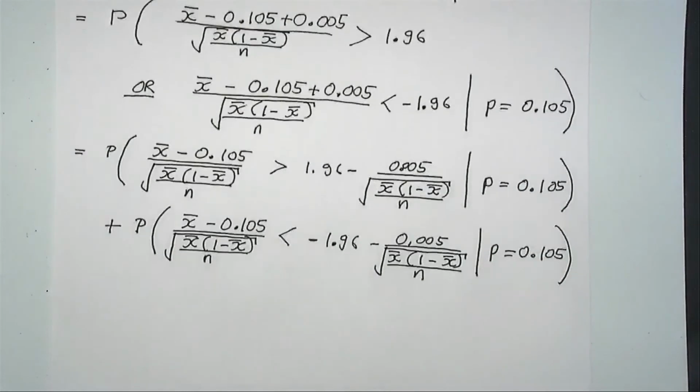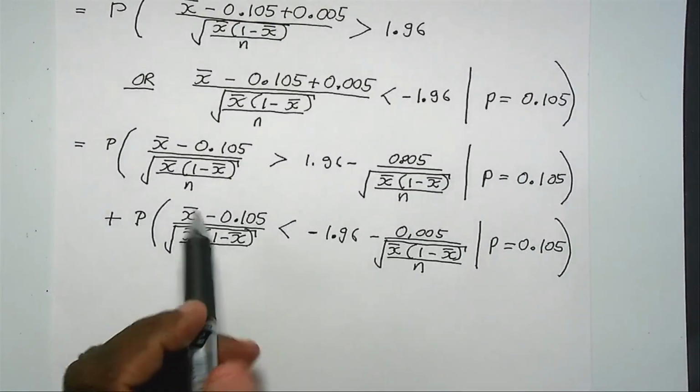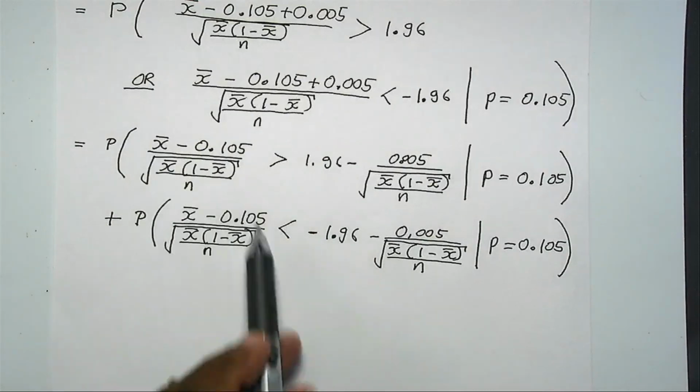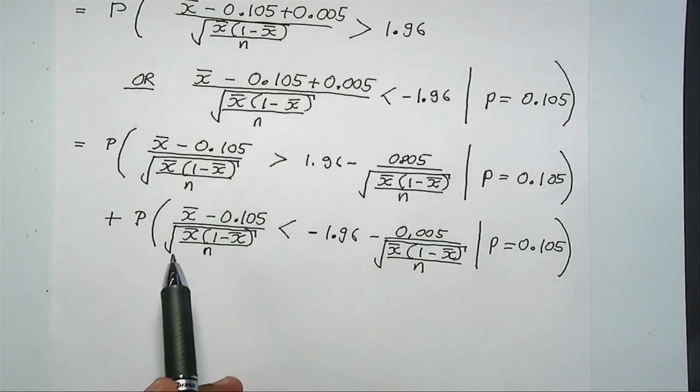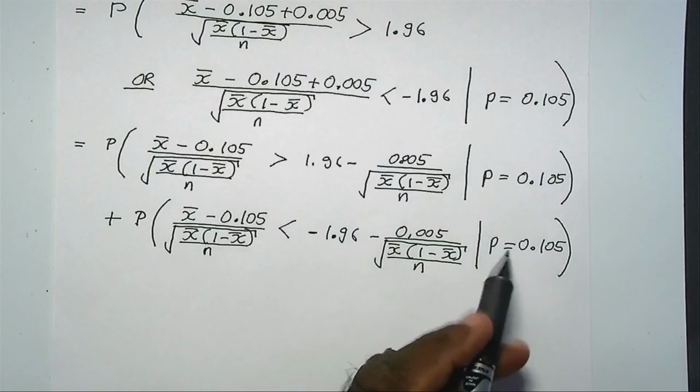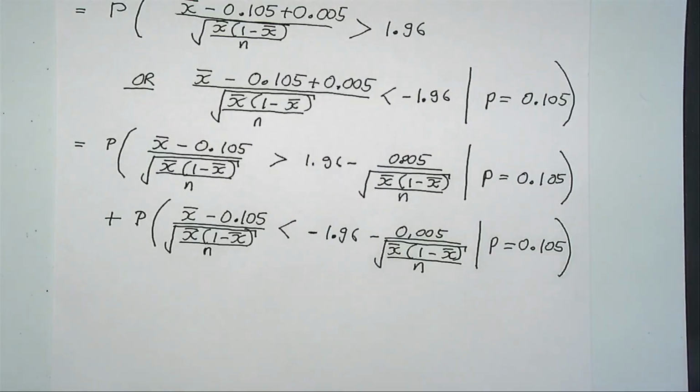Right. Now, in the next step, I'm going to use the fact that this and this have an approximate standard normal distribution given these two. That's a property I mentioned in the previous question, question 6, right?